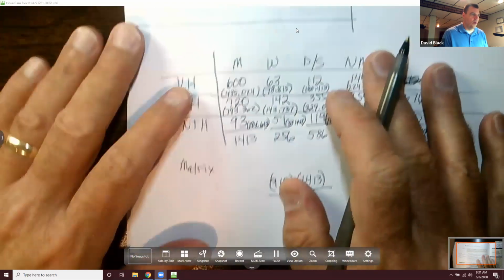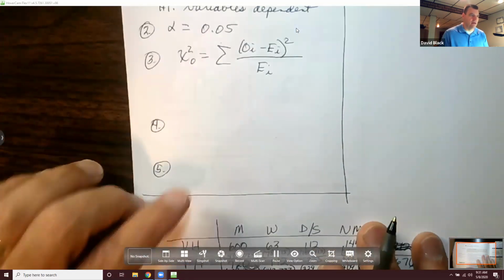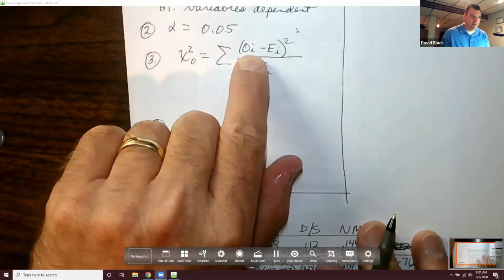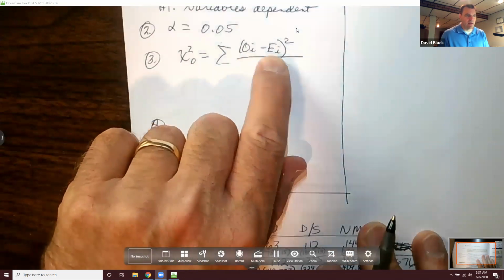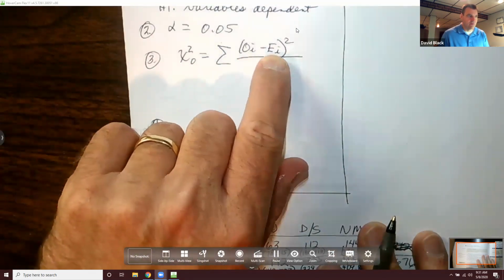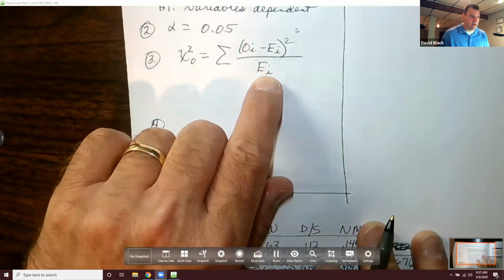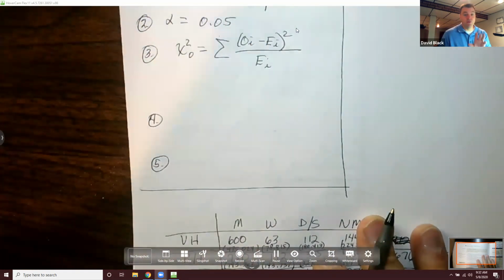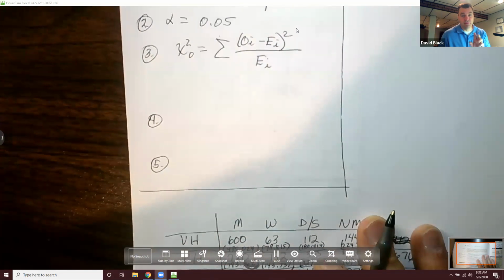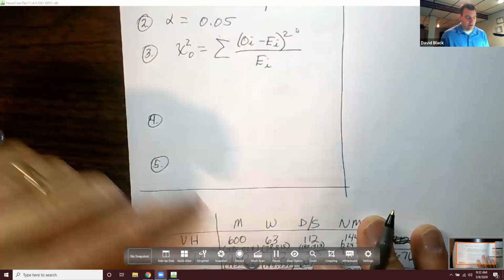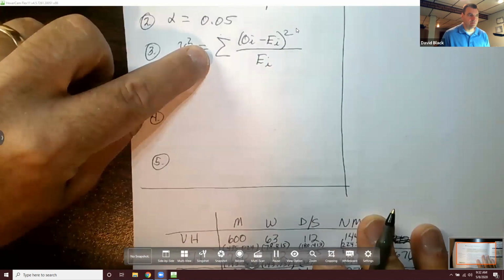Now, what does this formula say to do then? Take each observed value minus the expected value, square that, and divide by the expected value. Do that for all 12 of our pairs of numbers, and then add all those up.